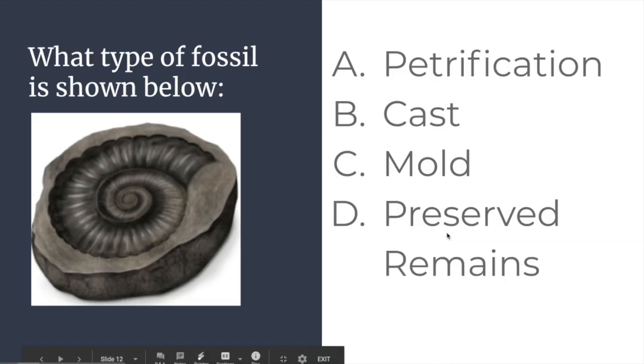Next question. Now we are going to try to identify the different types of fossils. I have a fossil of what seems like a shell here. What type of fossil is it? Is it petrification? Is it a cast? Is it a mold?